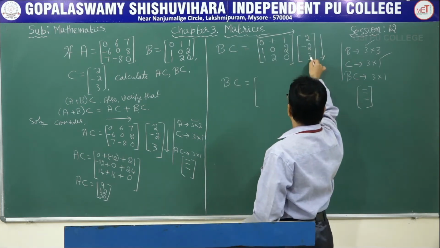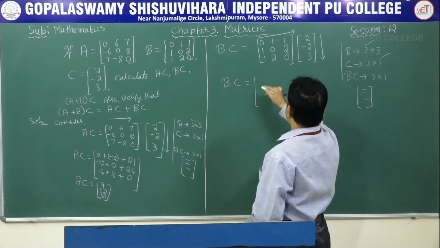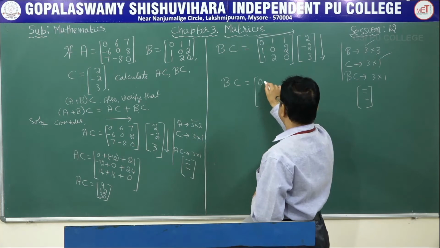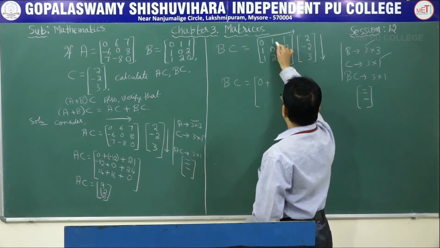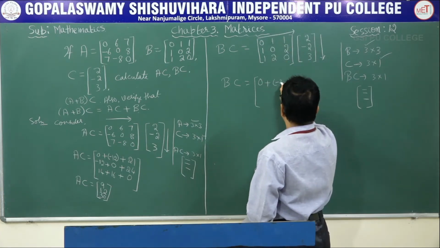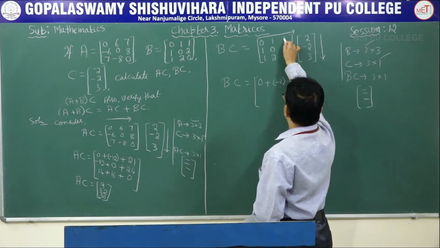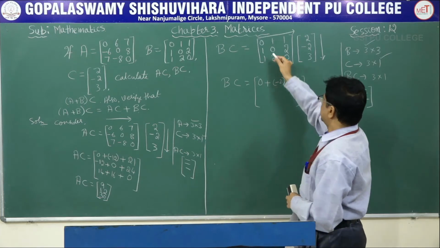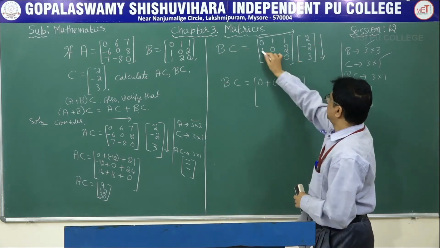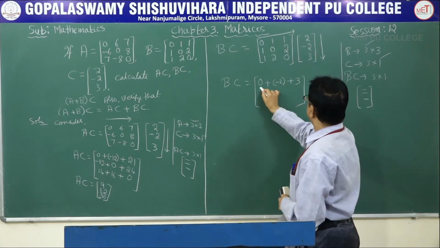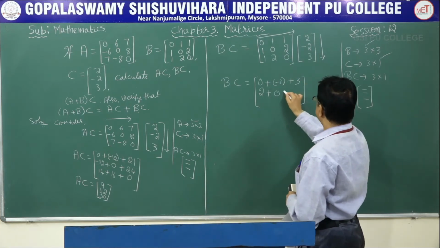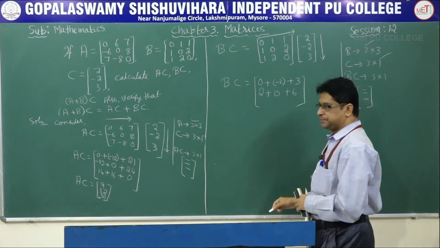First row into first column. So 0 into 2, 0 plus 1 into minus 2, minus 2 plus 1 into 3, 3. Next is second row into this column. 1 into 2, 2 plus 0 into minus 2, 0 plus 2 into 3, 6.